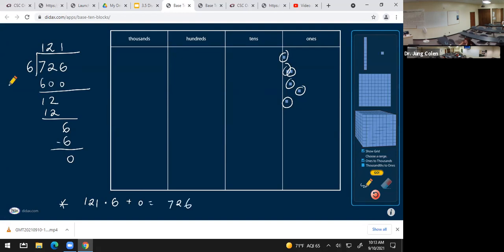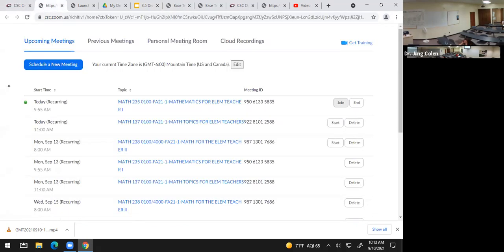There we go. So you can do the multiplication here, and 6 times 1 is 6, 6 times 20 is 120, and 6 times 100 is 600, so it becomes 726. You can always check your answer. Okay? So that is the algorithm that you can do.